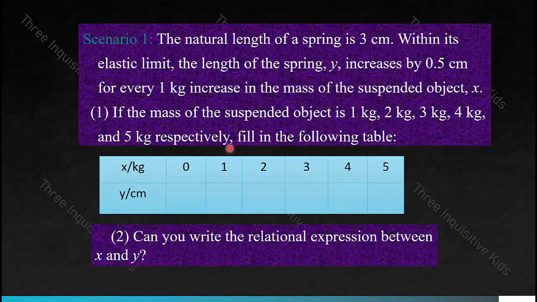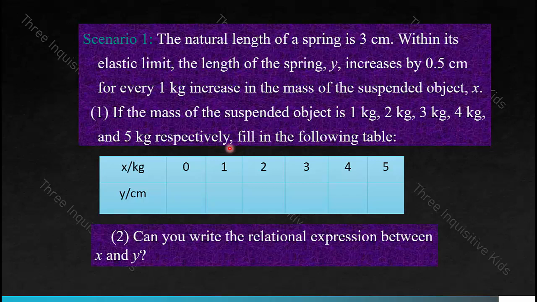Well, here's one scenario. The natural length of a spring, so one of those bouncy things, a spring is 3 centimeters. Within its elastic limit, so elastic limit means basically the limit of how far you can stretch it.